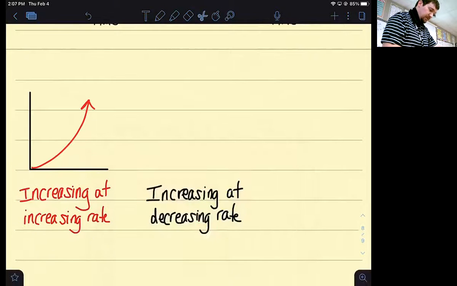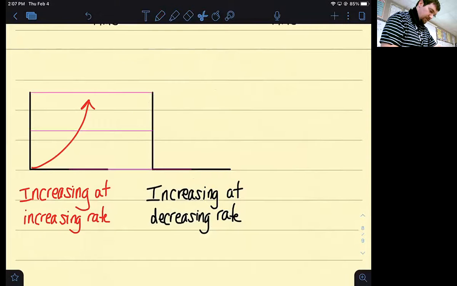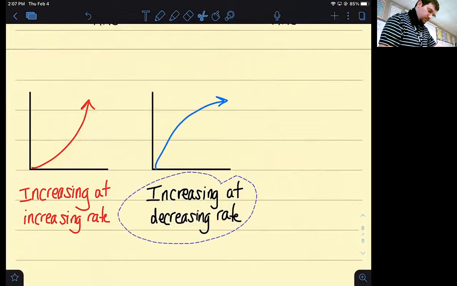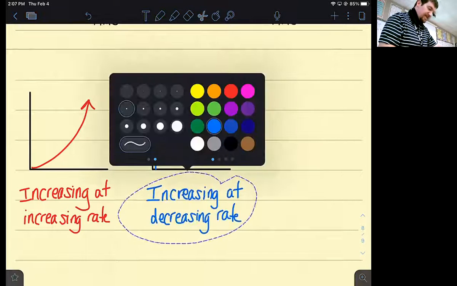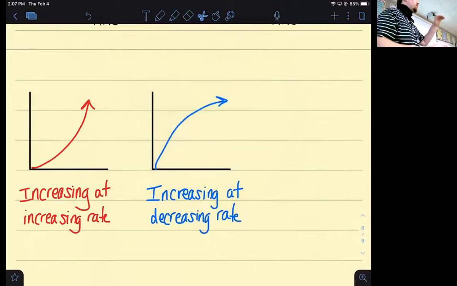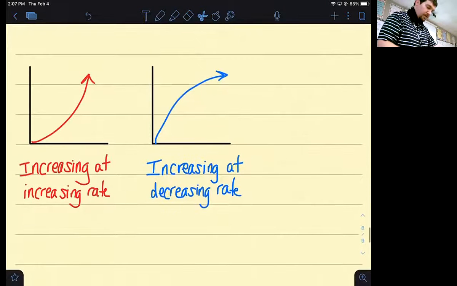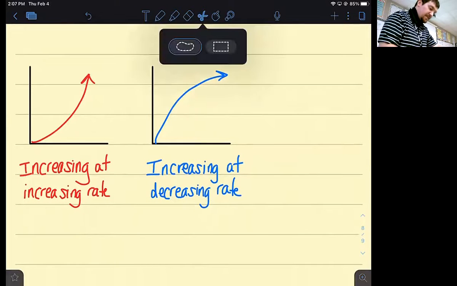Not the exact opposite. If it's increasing at a decreasing rate, it's going to look like this. Okay. Next one.